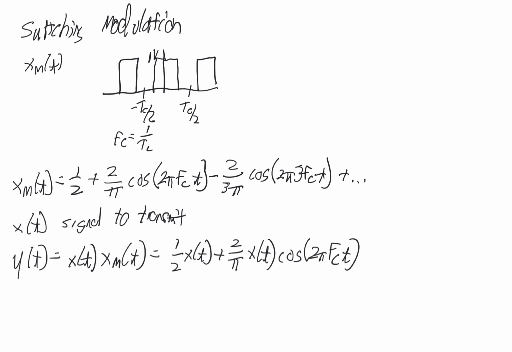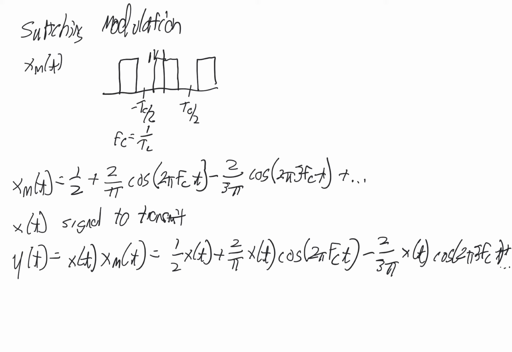Then the series goes on from there. We have 2 over 3 pi at the third harmonic, because we just have odd harmonics in this square wave, and this is at 3 times the fundamental frequency, so 2 pi 3 fc t, and we go on from there.